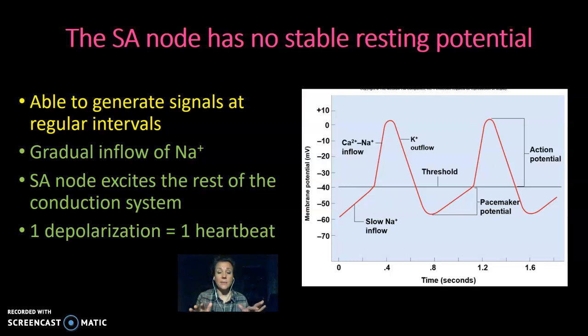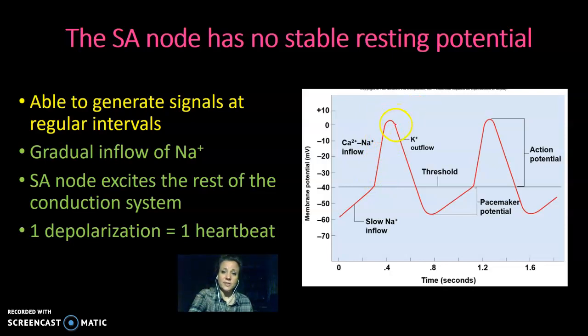There's none of that happening in the SA node, and as you can see, we have slow sodium inflow, so sodium is coming into the cell, but then all of a sudden we have calcium and sodium inflow. So because we've got two positive ions coming into the cells in the SA node area, we have a pretty sharp positive slope here showing us that our membrane potential is going up.